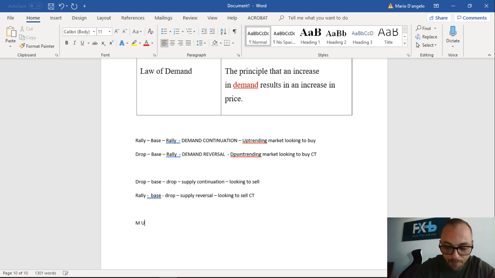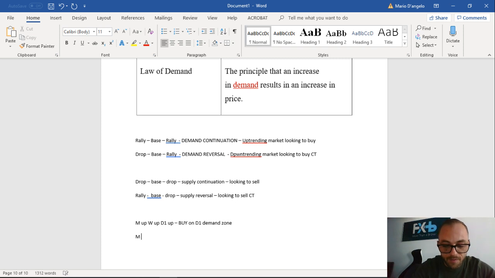If monthly is up, weekly is up, and daily is up, the action will be for us to buy or long on daily demand zone.